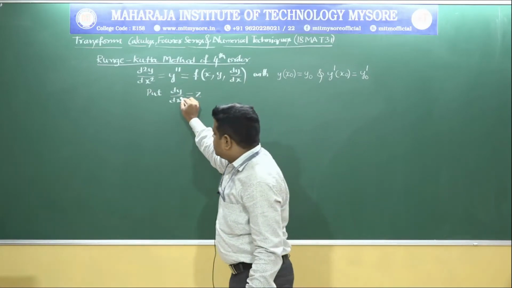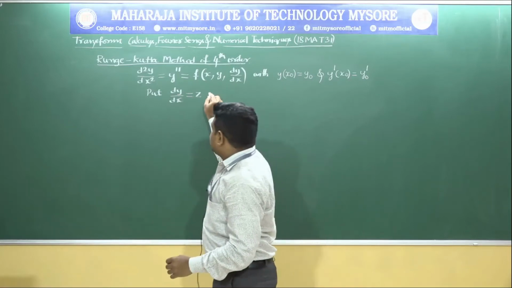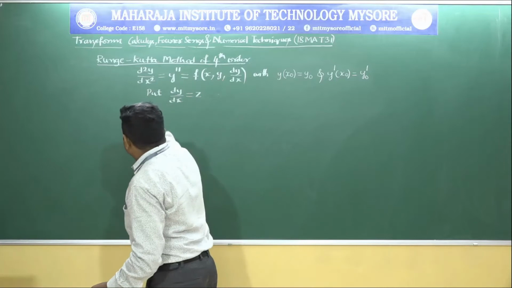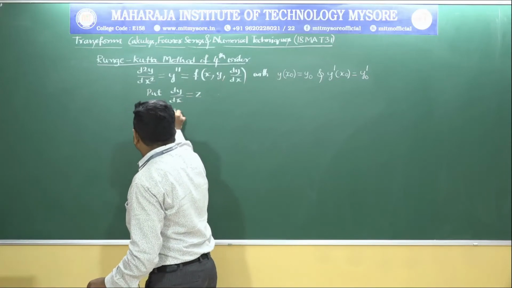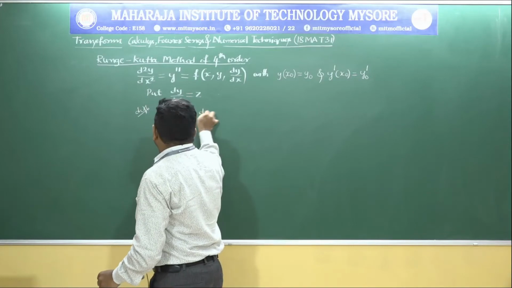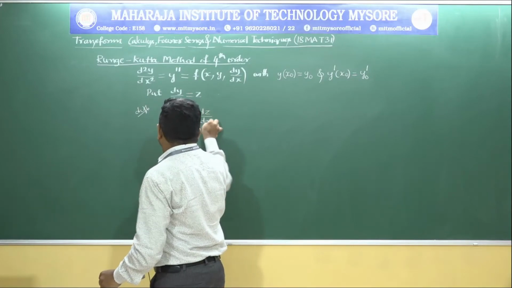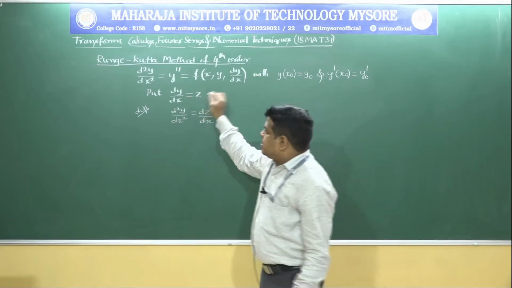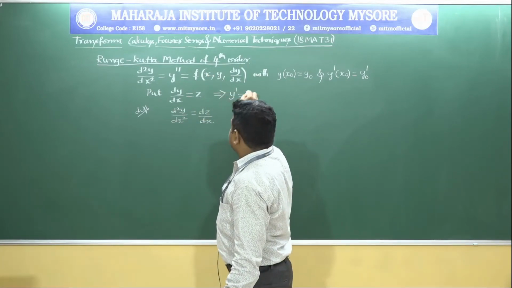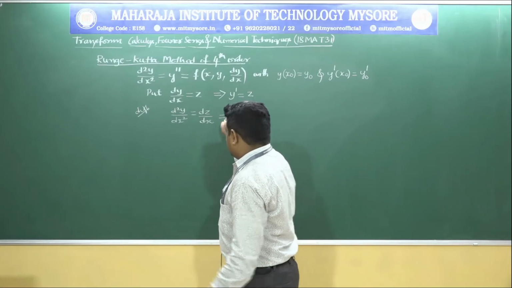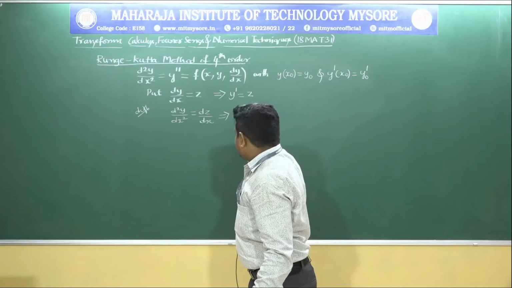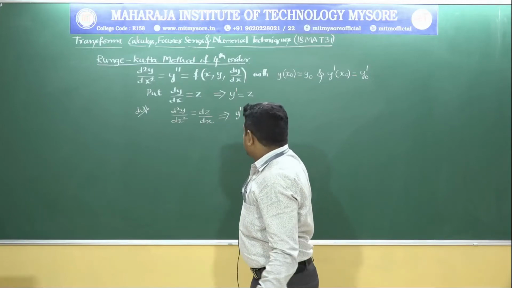Since the denominator variable is x, differentiating with respect to x, we get d square y by dx square equals dz by dx. So dy by dx can also be rewritten as y dash equals z, and d square y by dx square can be rewritten as y double dash equals z dash.